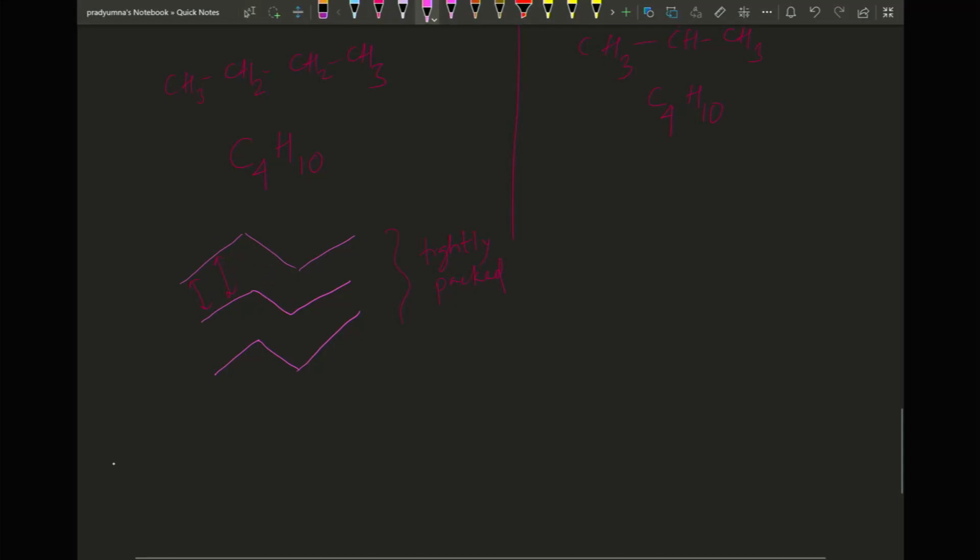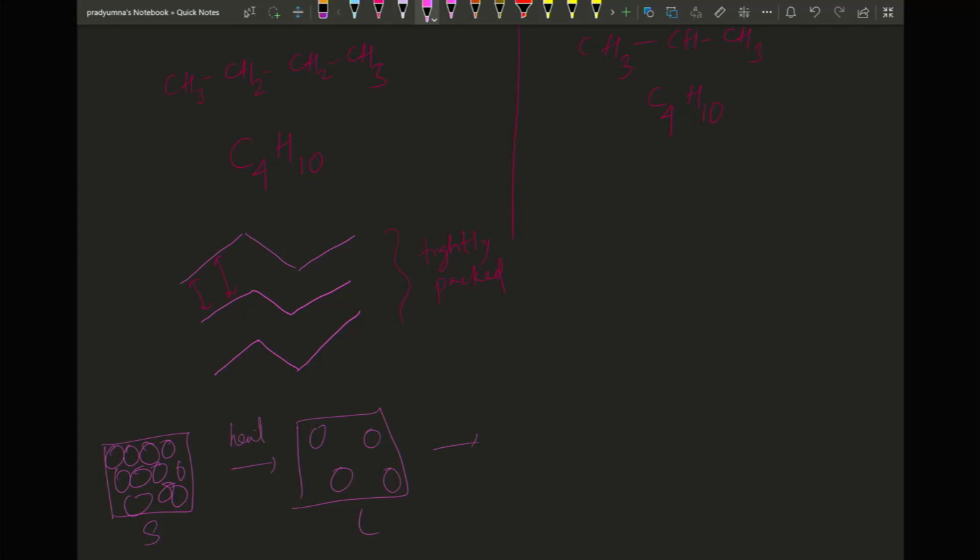If you remember, in a solid the molecules are tightly packed. When you heat them, they turn into liquid, and liquid is not as tightly packed. If you heat them more, they become gas, where they are farthest apart from each other.